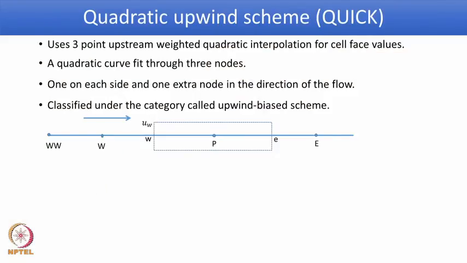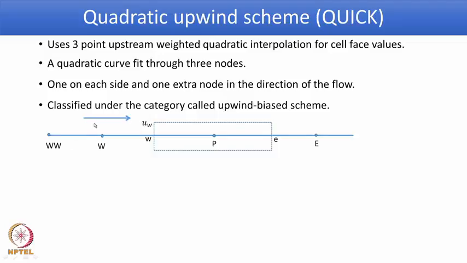Let us take this illustration. In this illustration, P is a node of interest and you construct a control volume around that node, and the respective nodes on the right side and left side are also marked, in this case capital E and capital W. Then one more node is also marked, which is west of west, shown here as WW.